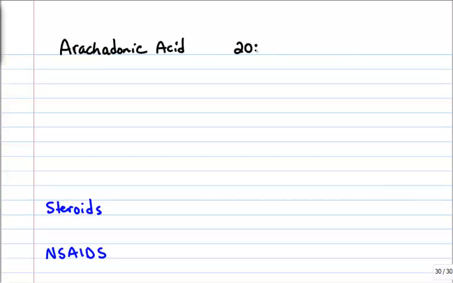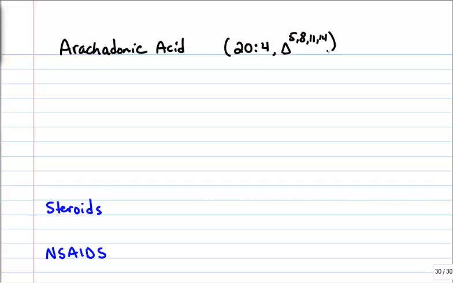I'm writing the fatty acid code: 20:4, so it has 4 carbon-carbon double bonds in the R group, and the double bonds are at 5, 8, 11, and 14.